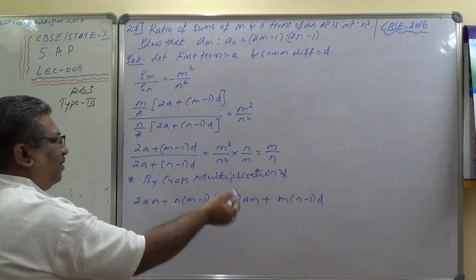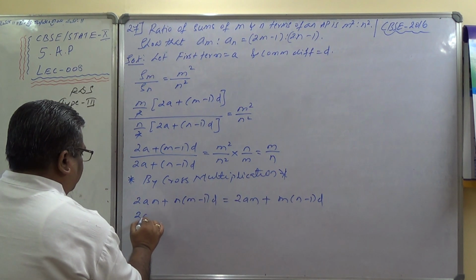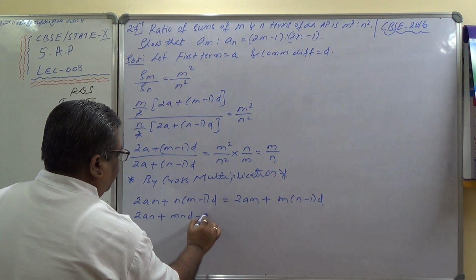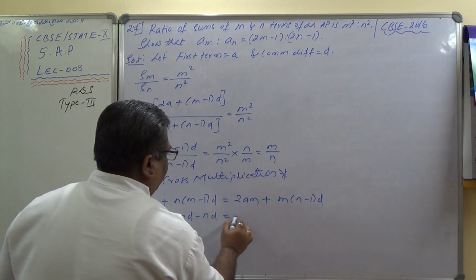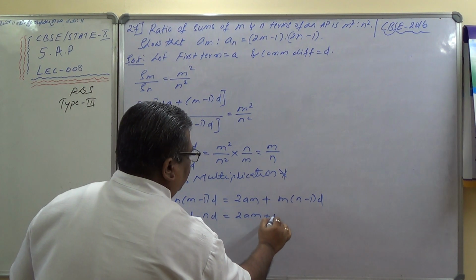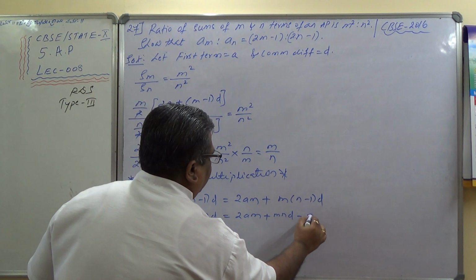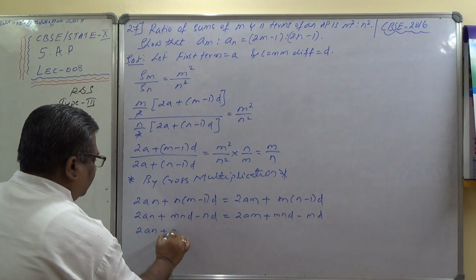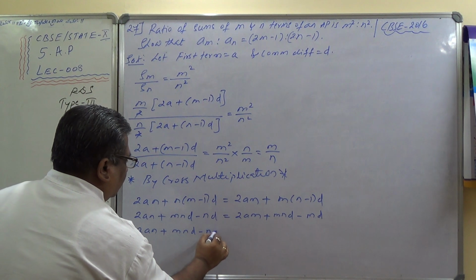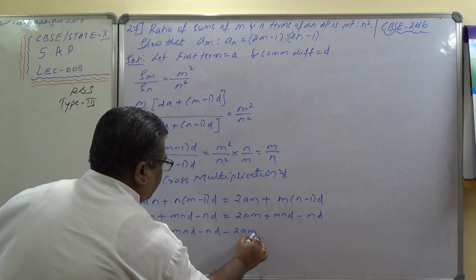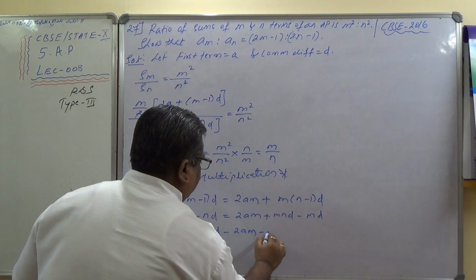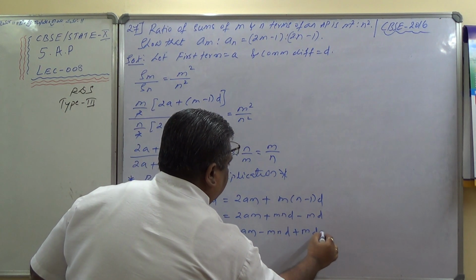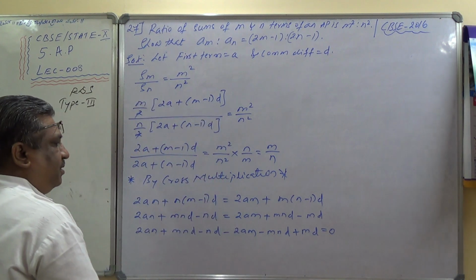Take everything to this side after opening the bracket, equals 0.